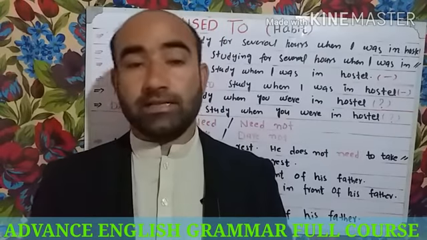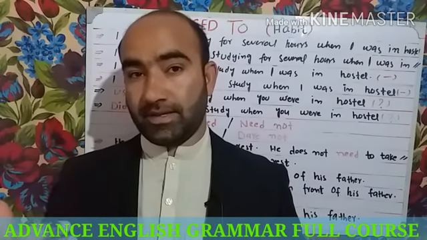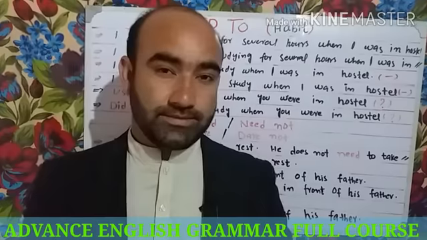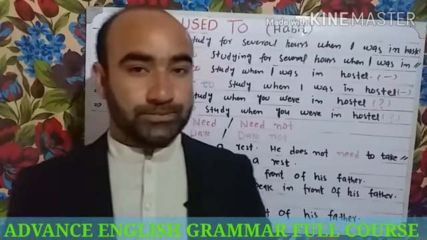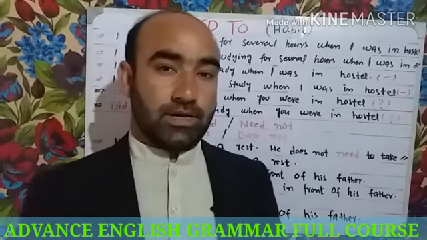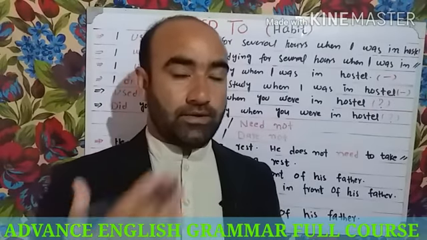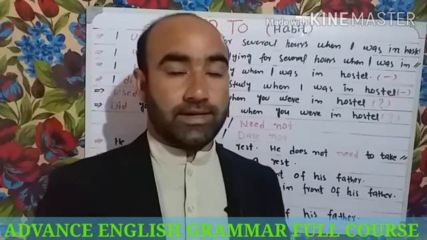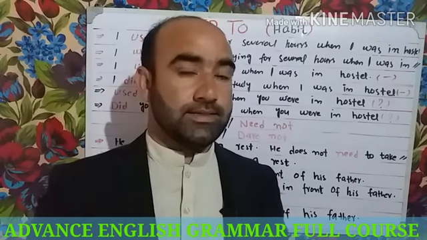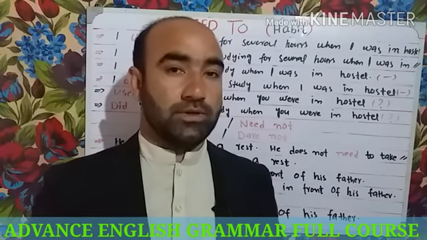It took place in the past for a period of time. We use used to for that purpose. I have given some sentences about used to: affirmative, negative, and interrogative. How will we make the sentences about the modal verb used to?